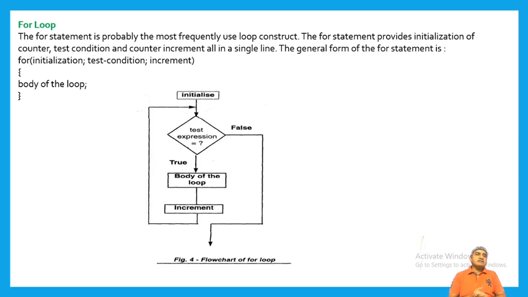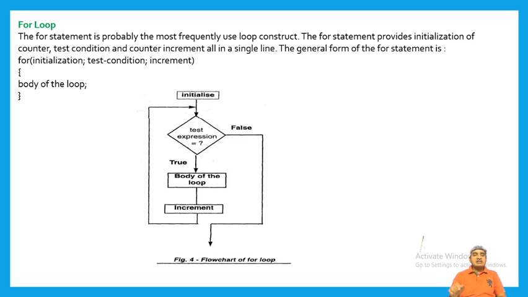So our format is for, first initialization, test condition, increment. Then if the test condition is true, the body of the loop is executed. But if the test condition is false, the execution of the program goes outside the loop. So first initialize, check the condition, test the expression.